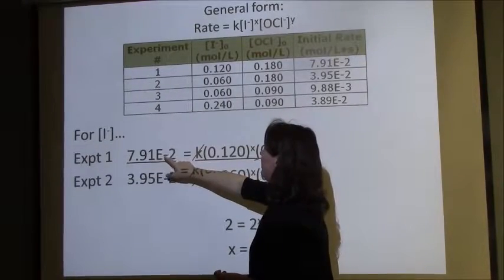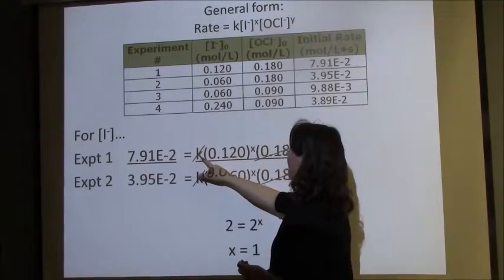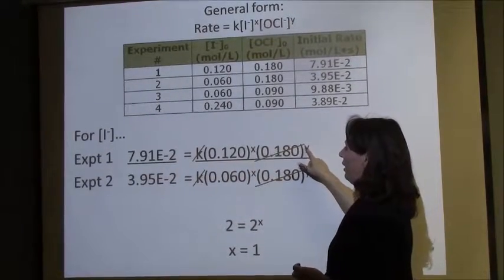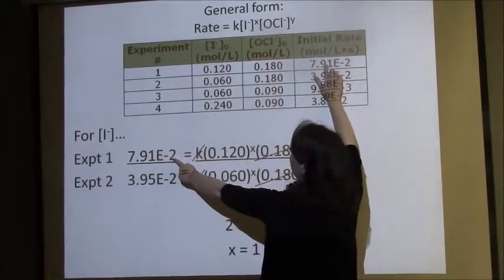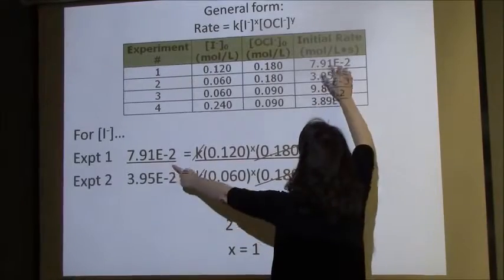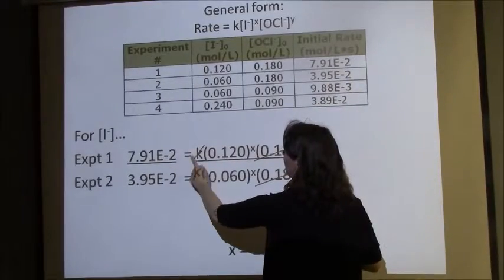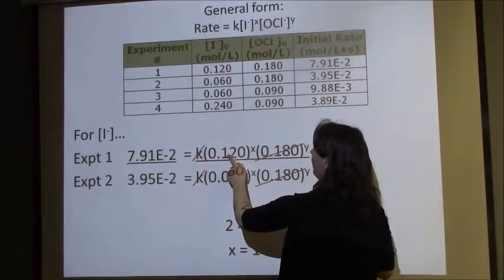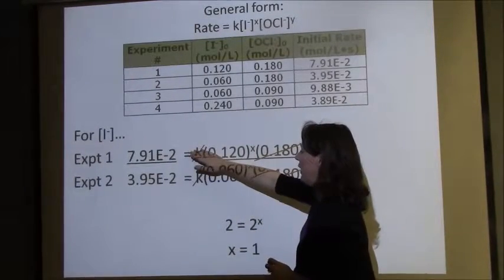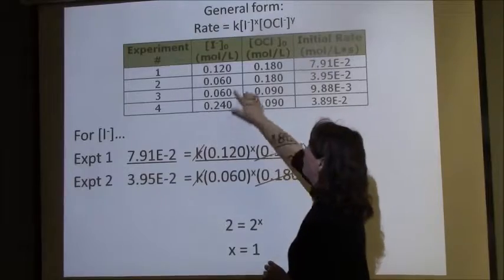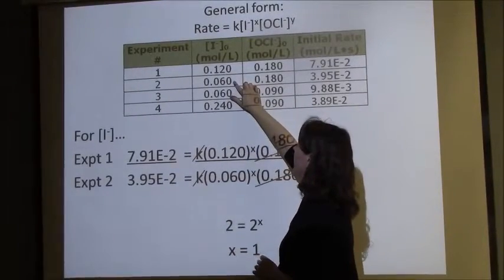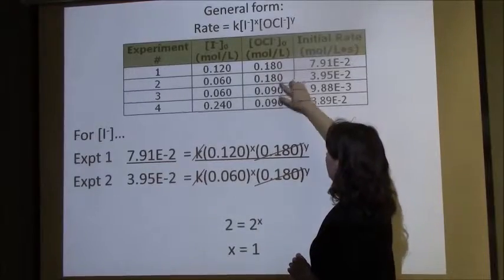So rate equals k times [I⁻]^x times [OCl⁻]^y. We're plugging in the rate at trial 1. We're plugging in the rate at trial 2. Okay, so that's where these numbers are coming from. And when we plug in our values, this 0.12 comes from the value here, and this 0.06 comes from the value here. This comes from here, and this comes from here.